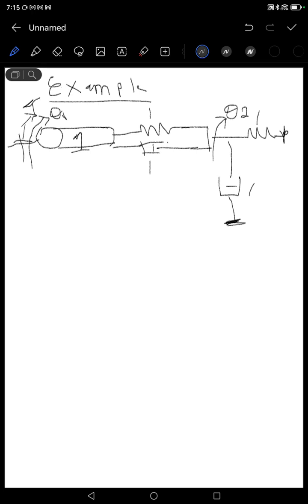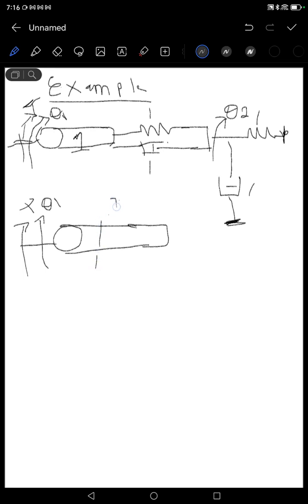Okay, so the first thing that we have to do here, we're gonna draw a free body diagram of our inertia, okay? So we have inertia here. We're gonna draw this inertia where we have a torque and a theta 1, okay? So when the torque is moving clockwise, which means the inertia is also gonna move clockwise.